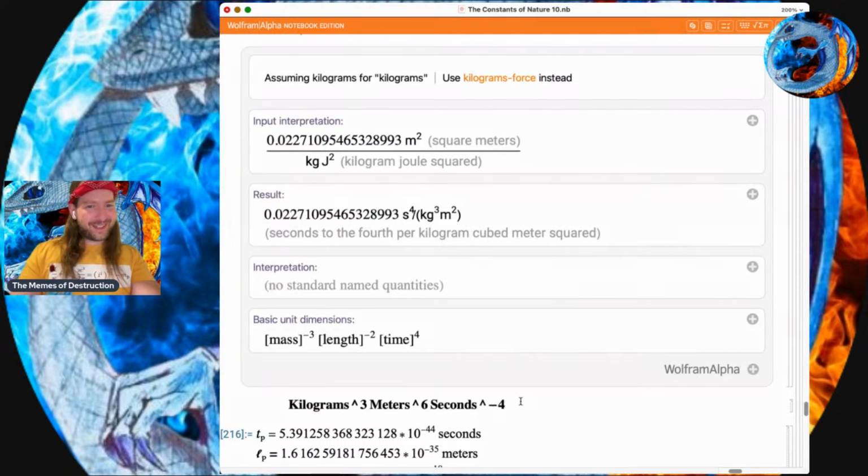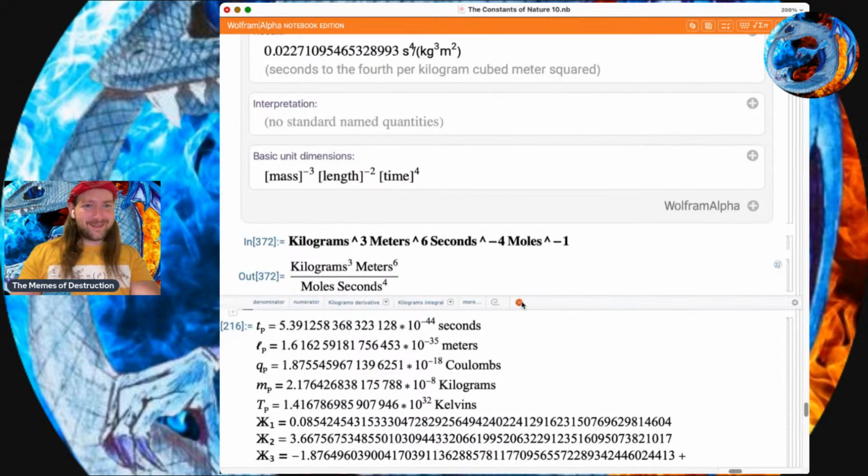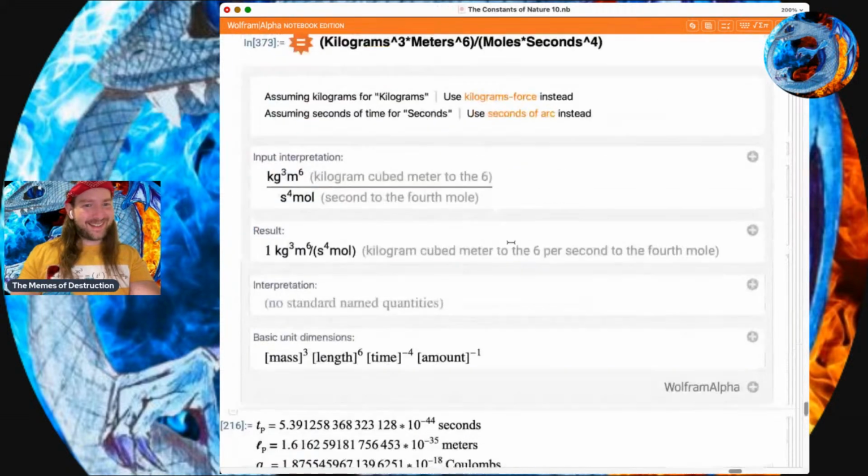Actually, I should probably just check to see if this was a dimension. And amount -1, or moles. So -1. Actually, let's see what that is. Mole seconds.